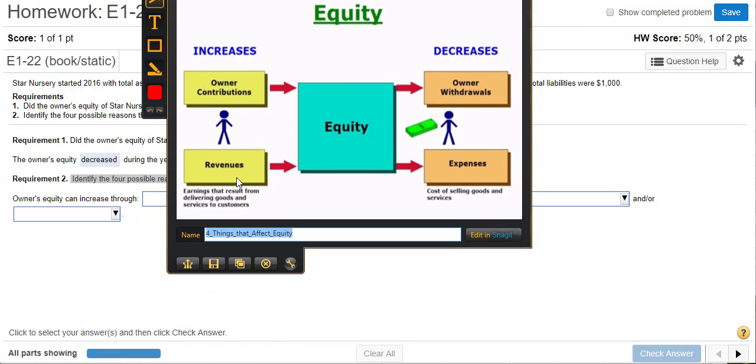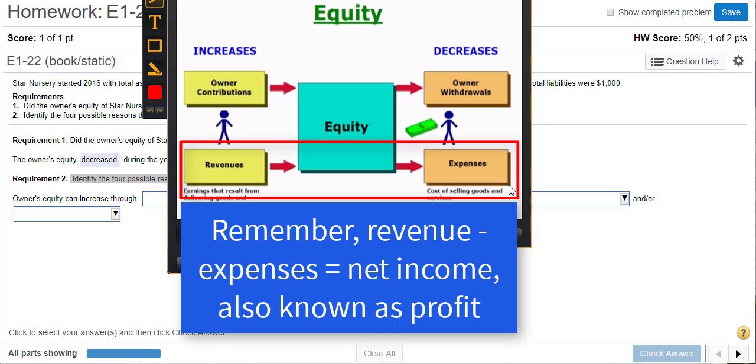Now, one thing about revenue is if you have revenue, you're going to have expense. So these 2 are combined to calculate profit or loss, also known as net income. If revenues are greater than expenses, then we have net income and equity increases. If expenses are greater than revenues, then we have a net loss and equity decreases.